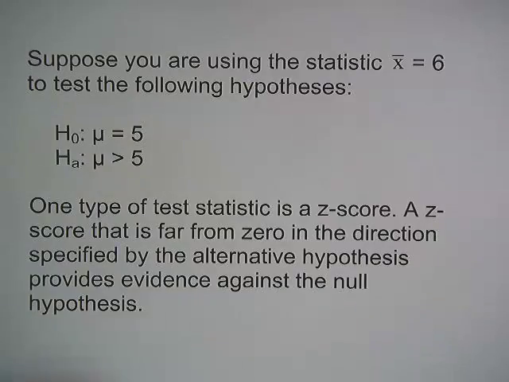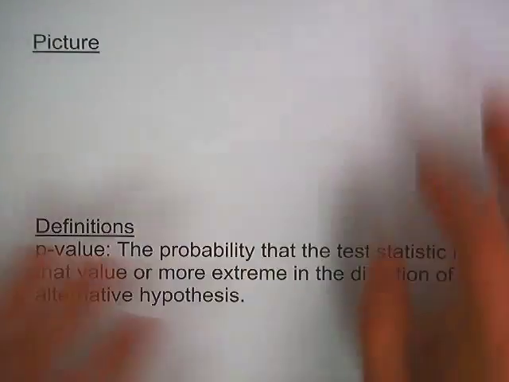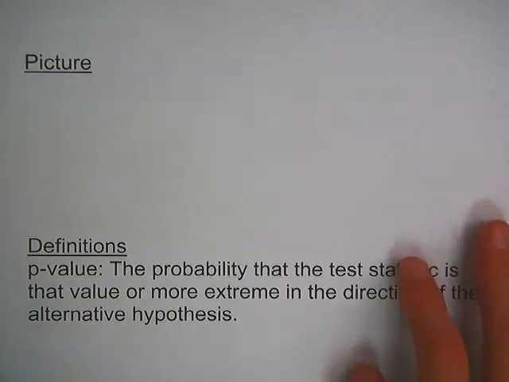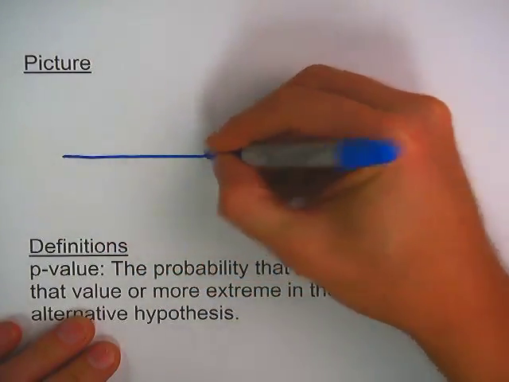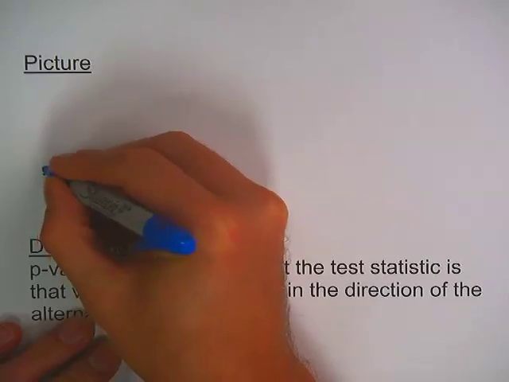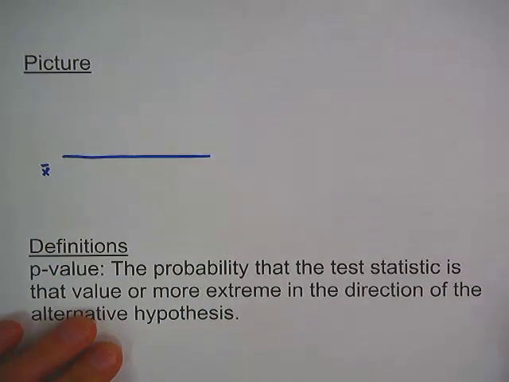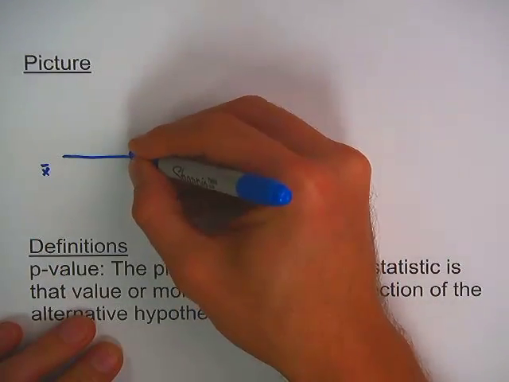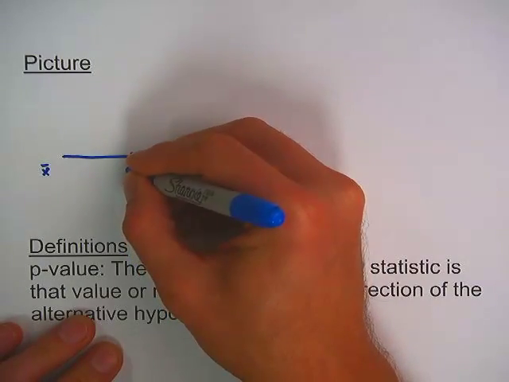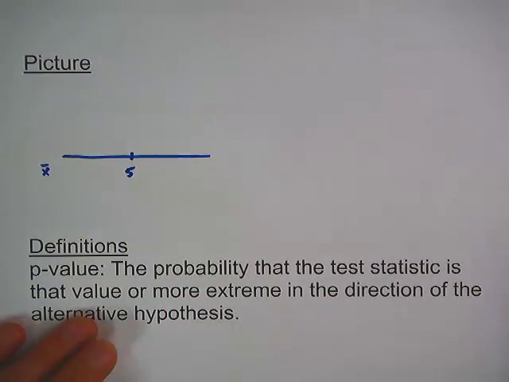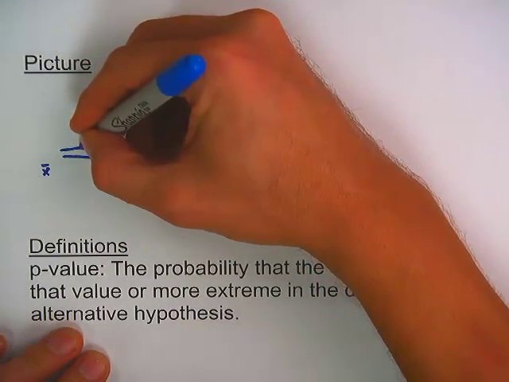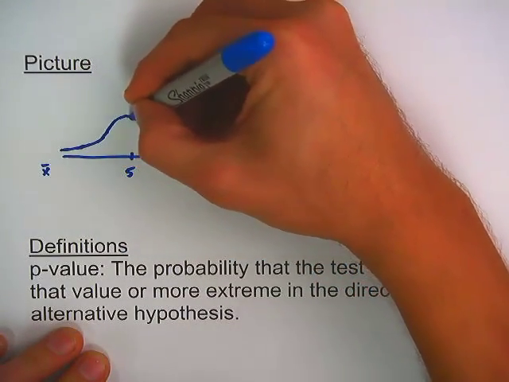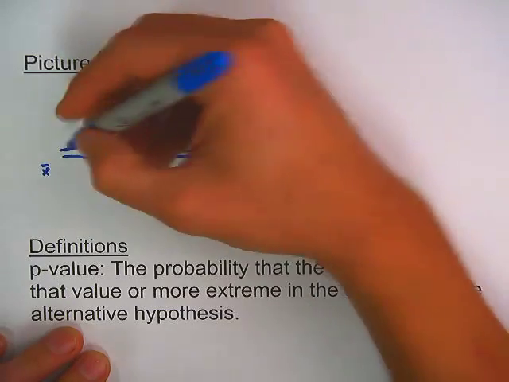Let's take a look at what the picture of this situation would look like. This is just our x bar axis. We're going to assume the null hypothesis value is true, so it's going to be centered at 5. If we're talking about a z-score, we're talking about a normal distribution, so I'm going to draw a normal distribution here.